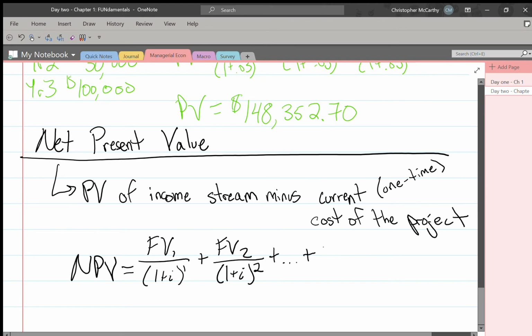Till you get to the last one, which is FVN over 1 plus I to the N year. And then all of this is going to be subtracting C naught, that initial cost. So if you want, you can think about this as the total revenue minus the total cost.